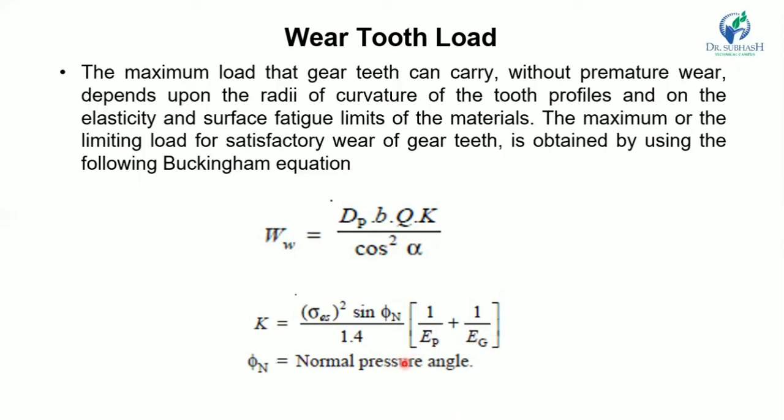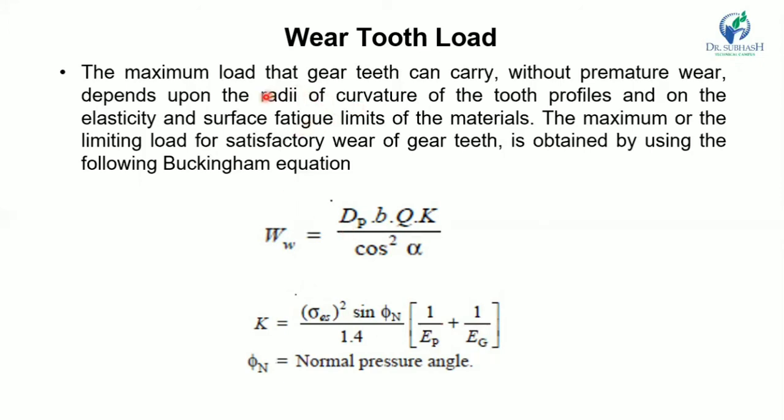Okay, where phi n is the normal pressure angle, sigma ES is the flexural endurance strength, EP is the Young's modulus for the material of the pinion, and EG is the Young's modulus or the modulus of elasticity for the material of the gear.